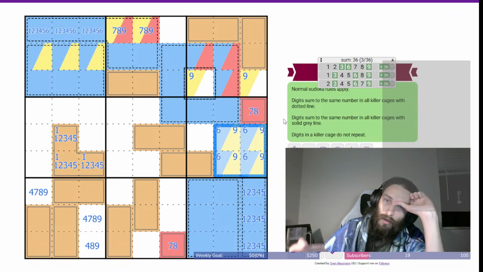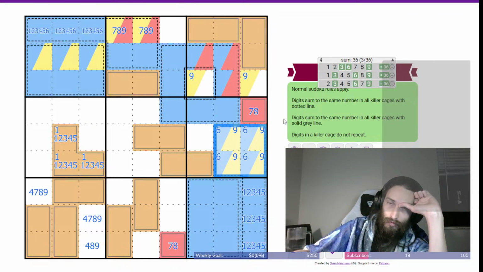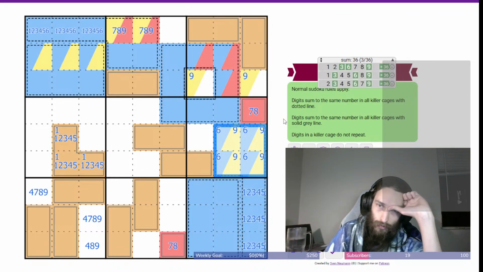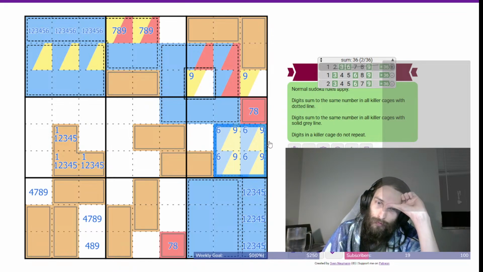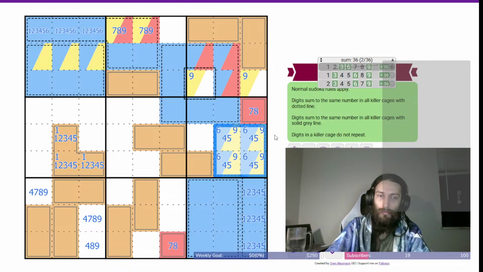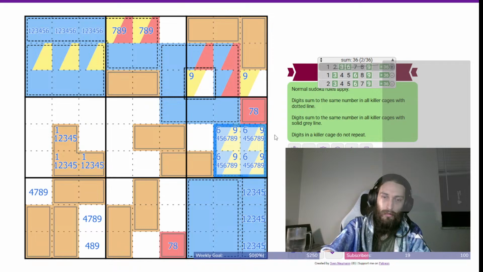And then it has to have either 7 or 8, but not both. So 4, 5, 7, 8, 6.